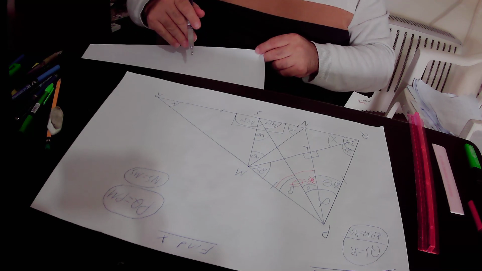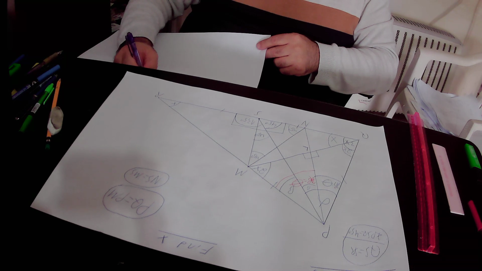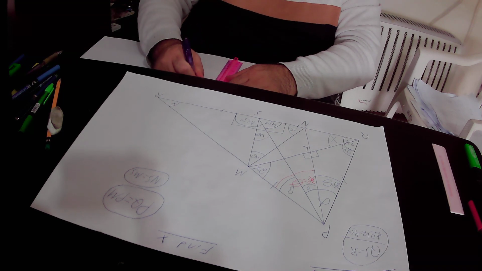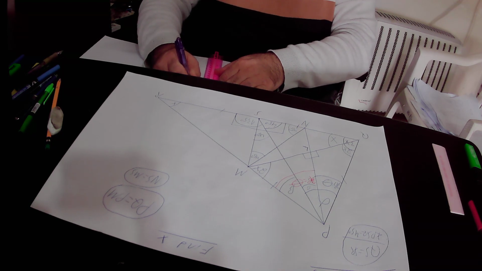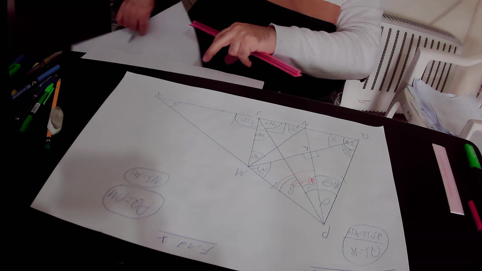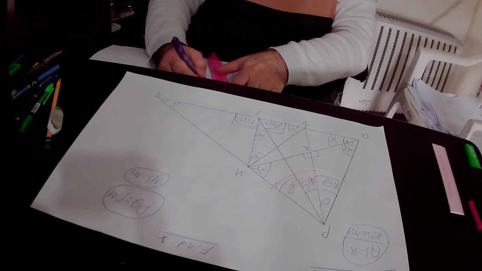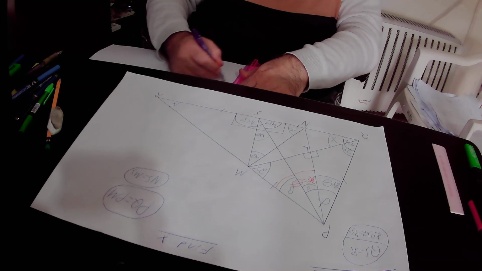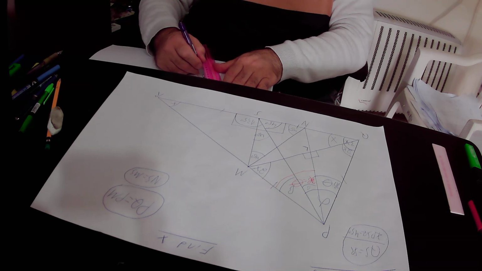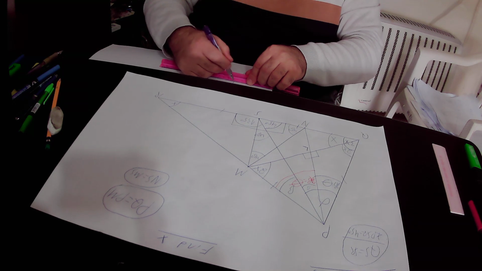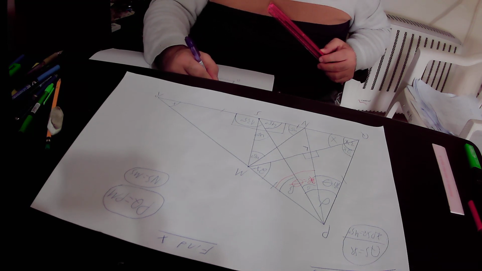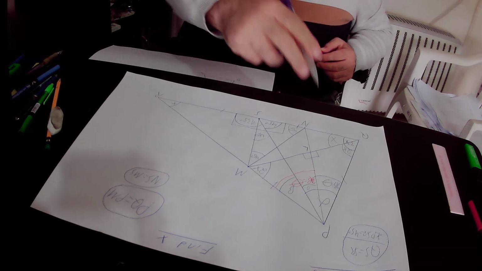Okay, so triangle QPN congruent to triangle PNM.